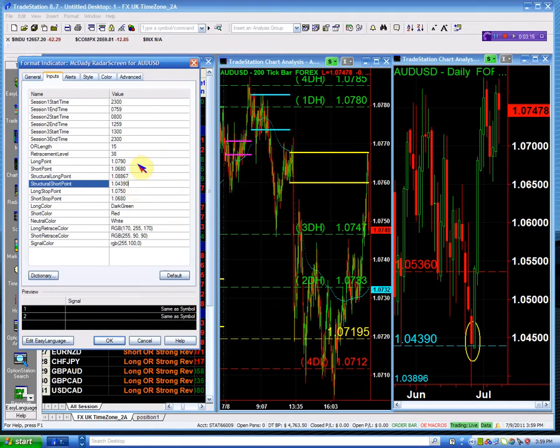Now the only thing we have to change is the stops, and double check the stops. So if I'm buying it above 107.90, I have to put the stop below the market side. So this is going to change, going to get a little bit wider stop.